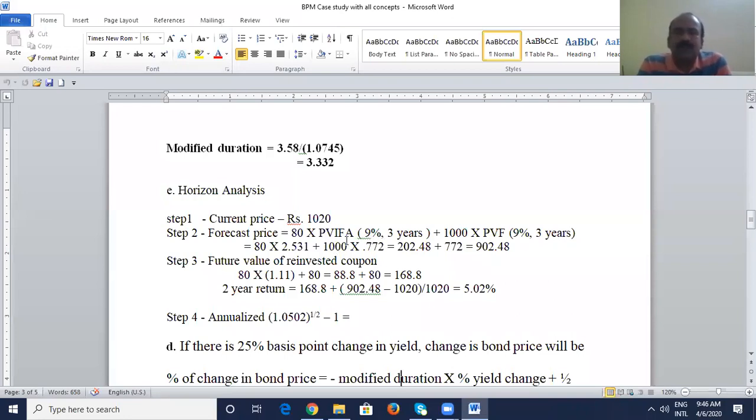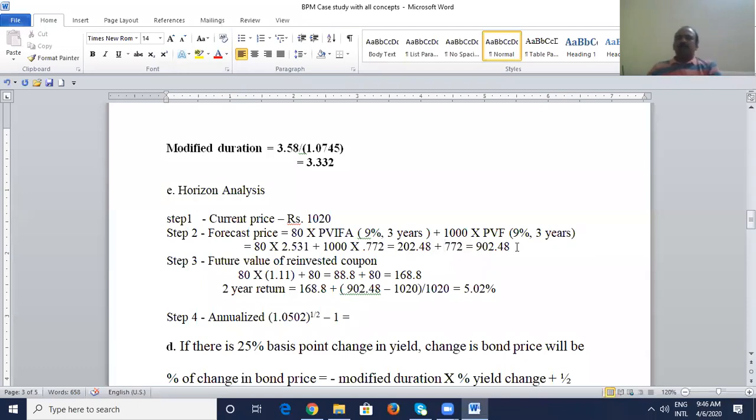Here the table value for 9%, 3 years is 2.531, and the present value factor for 9%, 3 years is 0.772. So 80 into 2.531 plus 1000 into 0.772 will be 202.48 plus 772, which is 902.48.